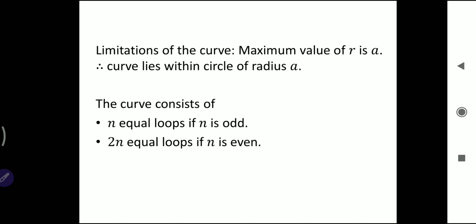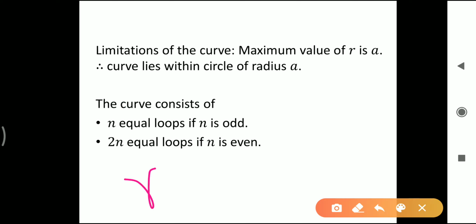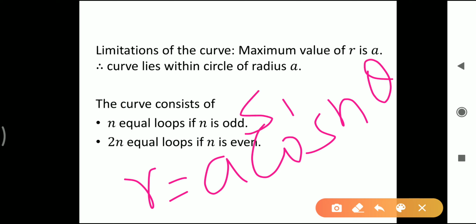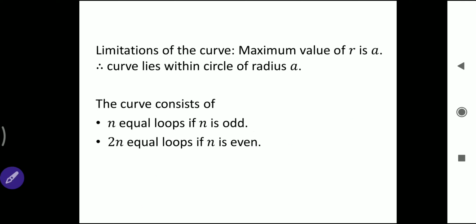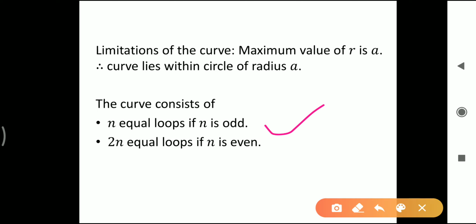So the equation of the rose curve actually looks like r is equal to a cos of n theta, or you are going to have sine of n theta there. Depending on that n, we are going to have the number of loops. If your n is odd, you are going to have n loops.